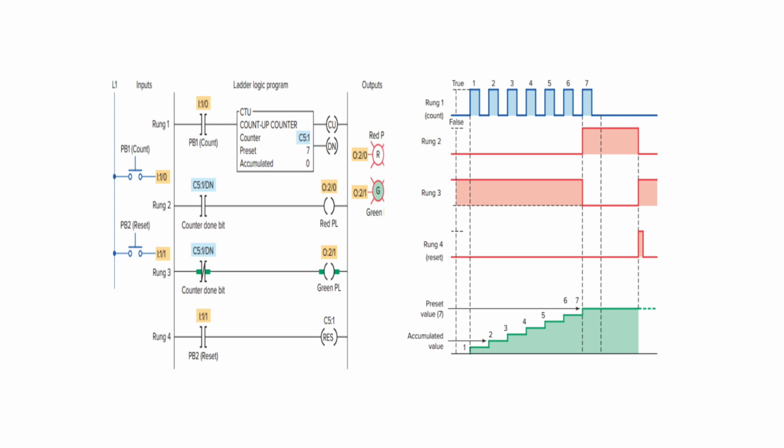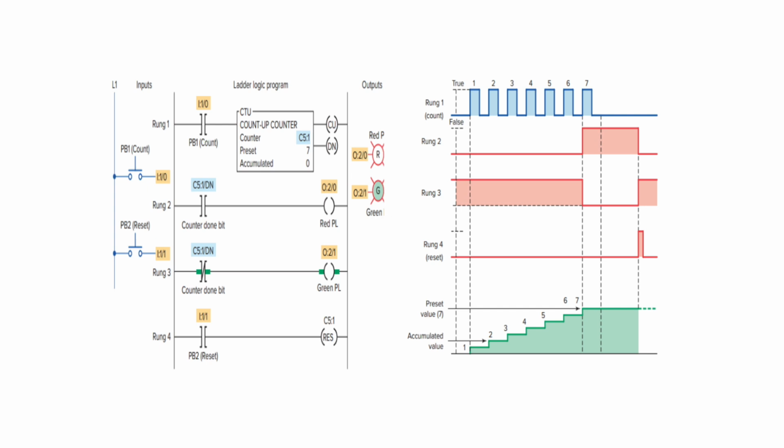After 7 pulses or counts, when the preset counter value equals the accumulated counter value, the output DN is energized. As a result, rung 2 becomes true and energizes output O colon 2/0 to switch the red pilot light on. At the same time, rung 3 becomes false and de-energizes output O colon 2/1 to switch the green pilot light off.